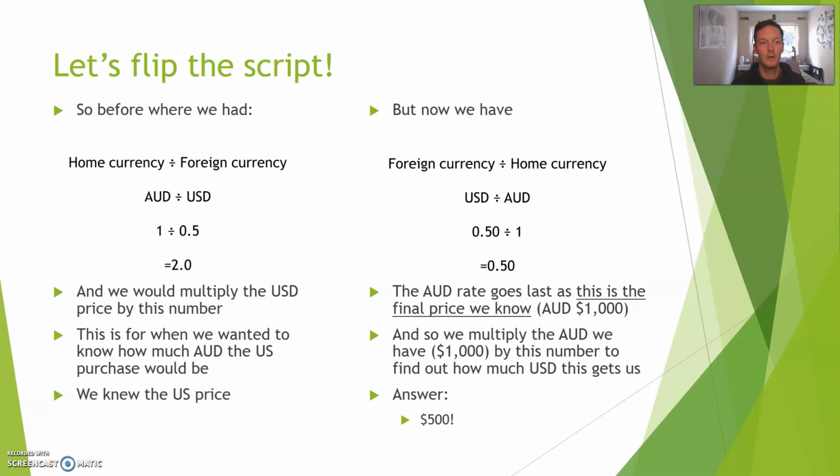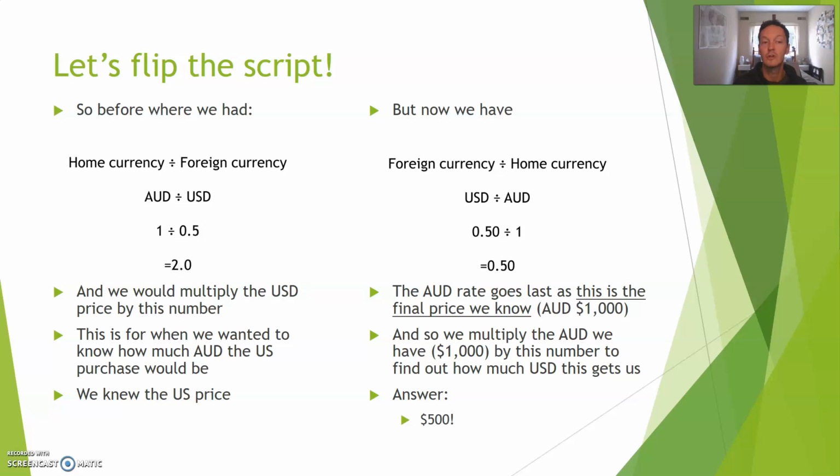This is what we had before: the home currency divided by the foreign currency, because we didn't know what the price in Australian dollars was, so that's why it went first. But now on the right-hand side, it's going to be foreign currency exchange rate divided by home currency exchange rate, because we don't know how much it's going to be in US dollars, so that's the one that goes first. Just flick your eyes at those 2 calculations. Feel free to pause the video and see how they're different.